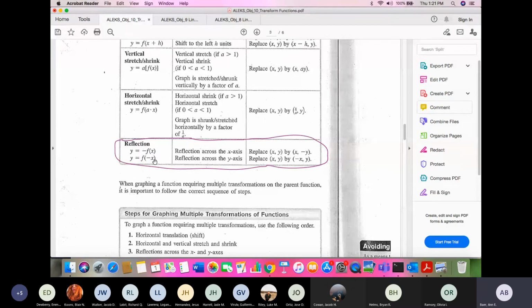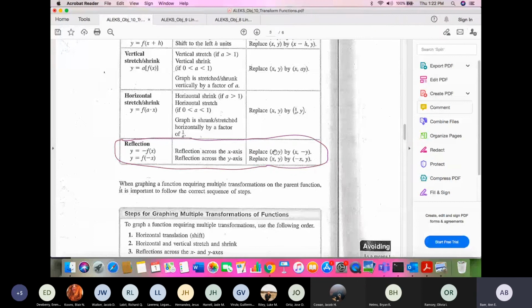This is telling you what you want to change the signs on. Here the negative is out in front of the y, so you want to change the signs on all the y coordinates. Here, the negative sign is in front of x, so you want to change the sign on all your x coordinates. That's really what's going on with reflections.